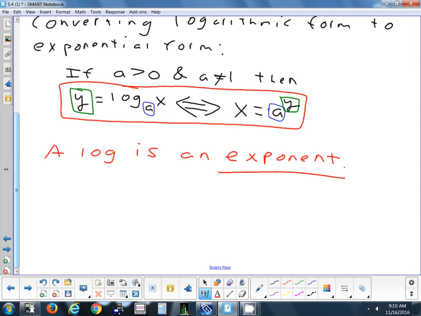So the logarithm always equals the exponent. So y is the exponent. When you rewrite it as an exponential, put the y up higher. That's your exponent. And if you can figure out where the a and the y go, then you're only going to have one thing left, and only one spot left. These are your three spots in exponential form. That's your base, that's your exponent, and if you figure out those two, there's only one spot left.